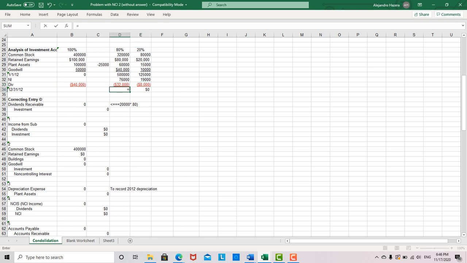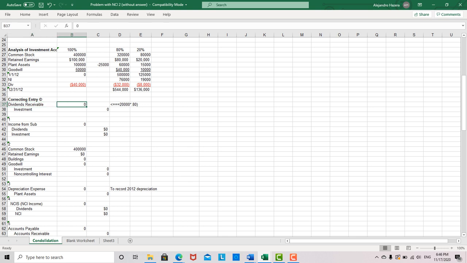Okay, so the parent's ending balance in the investment account should be $500,000 plus 76 plus 32, $544,000. $125,000 for non-controlling interest plus 19 plus 8, 136 is what the non-controlling interest should be.